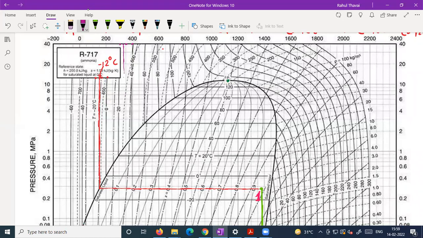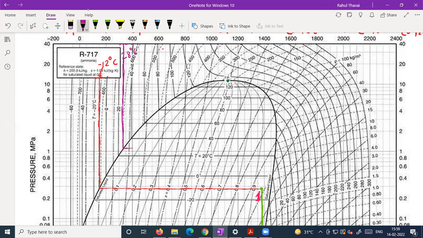You can see this. Yes, is that okay, all of you? See, this is the line which I've drawn, a vertical line. The temperature here is 28°C.